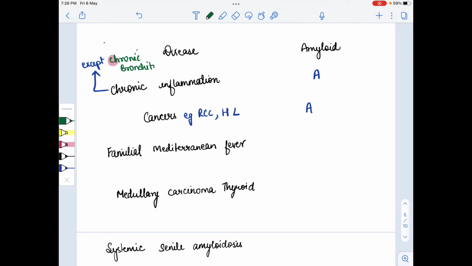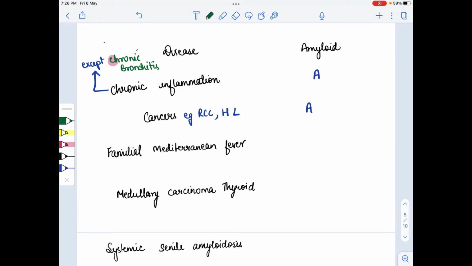In this condition the amyloid is not going to deposit. But in all other chronic inflammation, whenever inflammation occurs for more than 3 months or for quite a long time, it is known as chronic inflammation, and in all those conditions amyloid gets deposited.